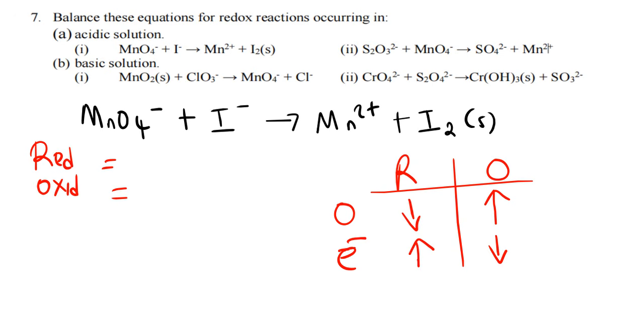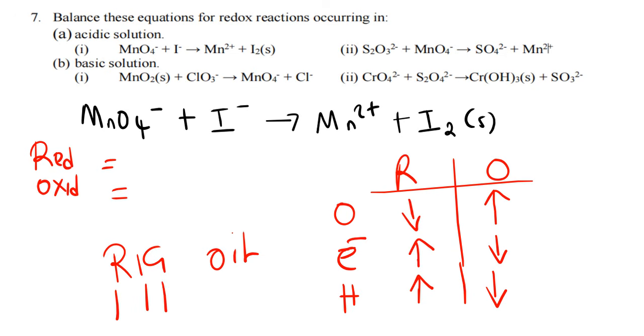In terms of hydrogen, reduction is the gain of hydrogen and oxidation is the loss of hydrogen. These are the three definitions. For electrons, we use the mnemonic RIG-O: reduction is gain, oxidation is loss. You can use that for remembering.